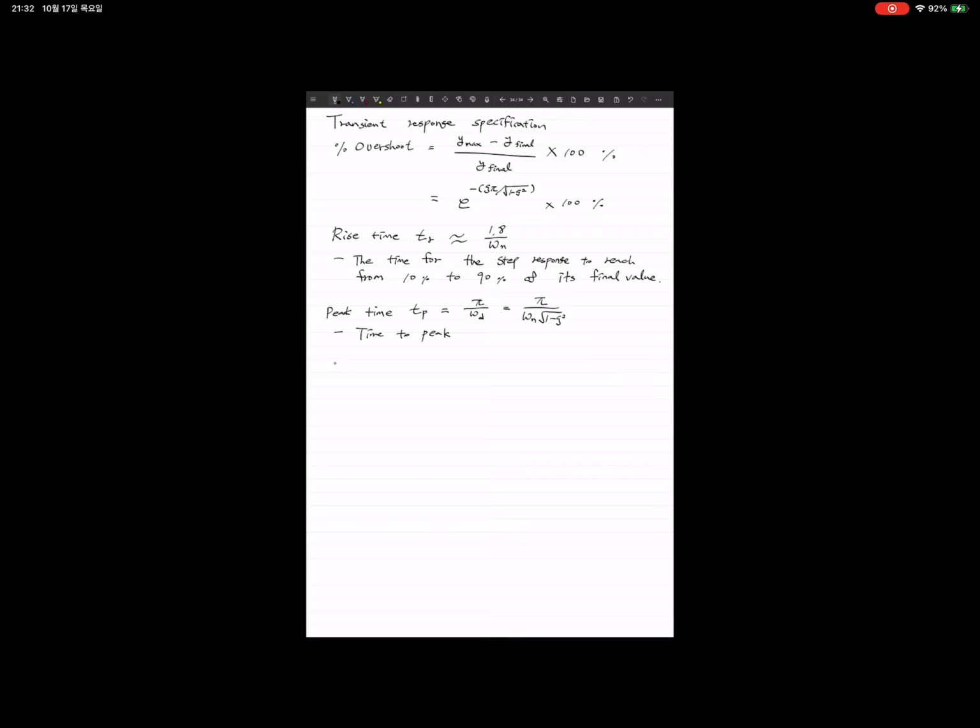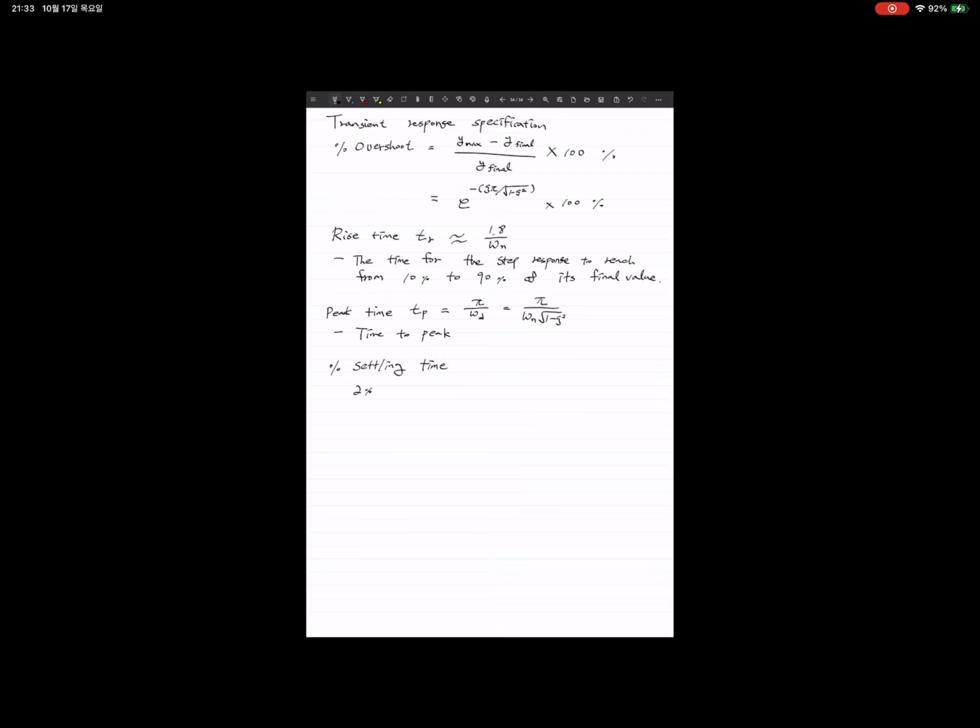Another specification is settling time. We can define the settling time with 2%, 4%, or any number you want, but we usually use 2% settling time.